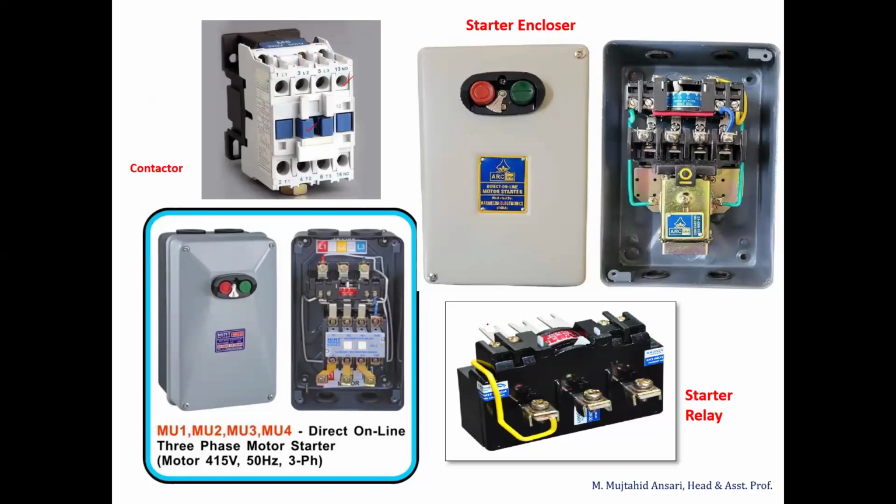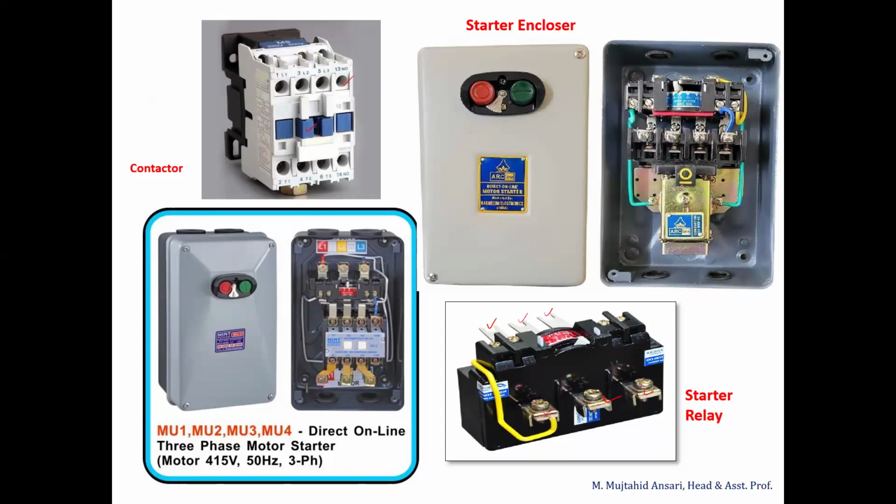It is connected to the first phase, second phase, third phase, and these are the outgoing terminals. Here is the dial where we can set the current of the motor. Say the relay is from 10 to 15 ampere. If our motor full load current is 12 ampere, we can set it to 12 ampere. If the full load current is 15 ampere, we can set it to 14 ampere from the protection point of view.